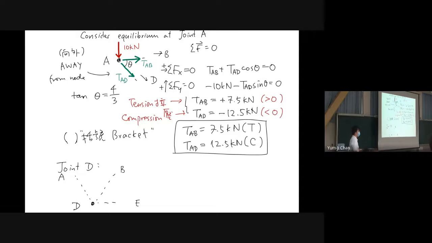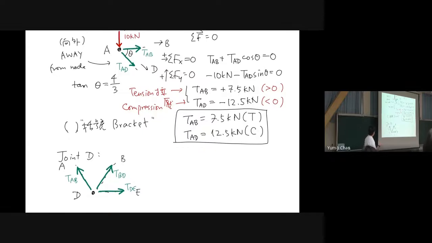Now, do we know anything for the forces? Because we have three members, so we have three forces. We have TAD, TBD, and TDE. I'm sorry, I made it wrong.